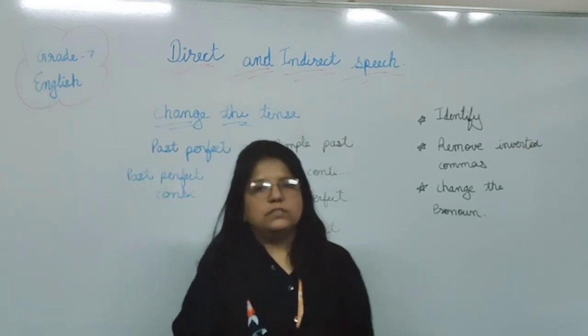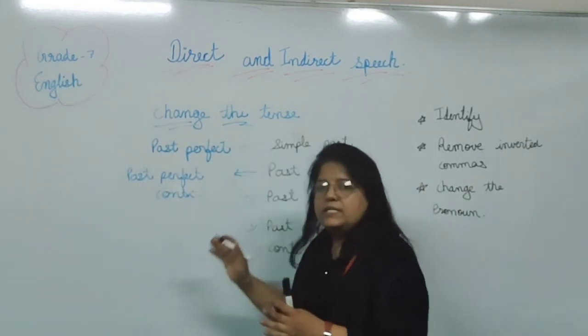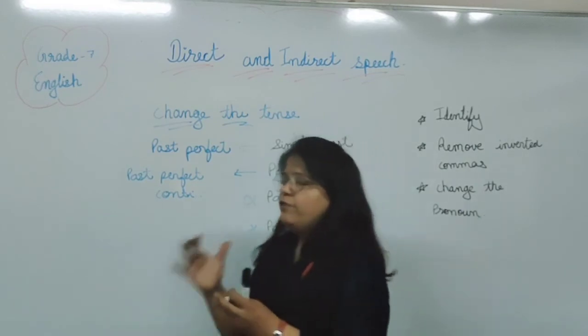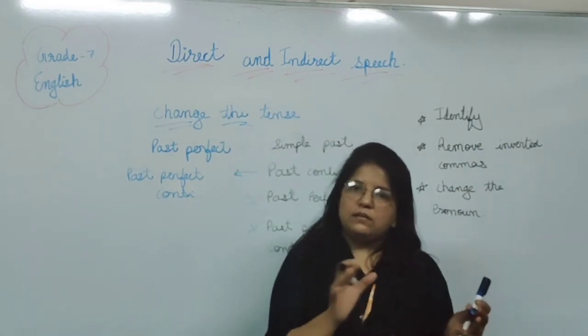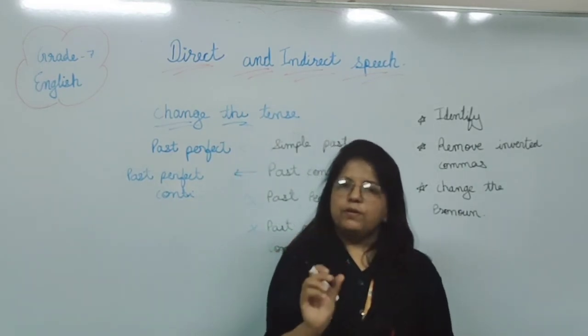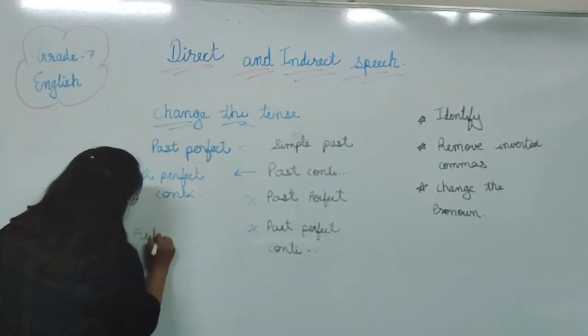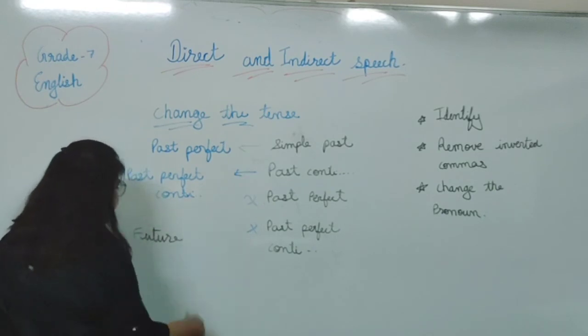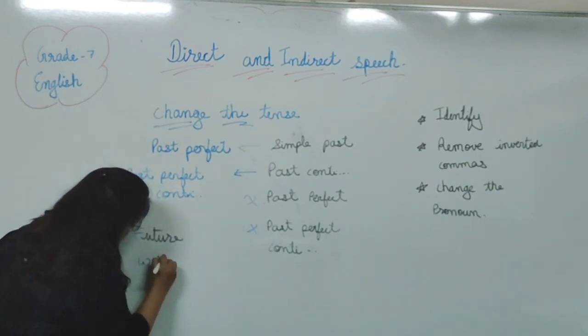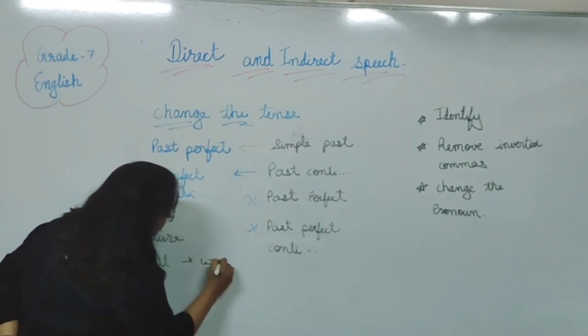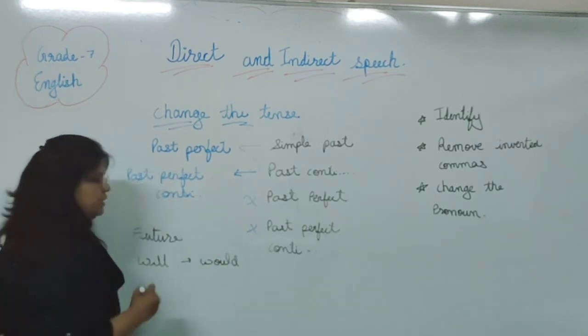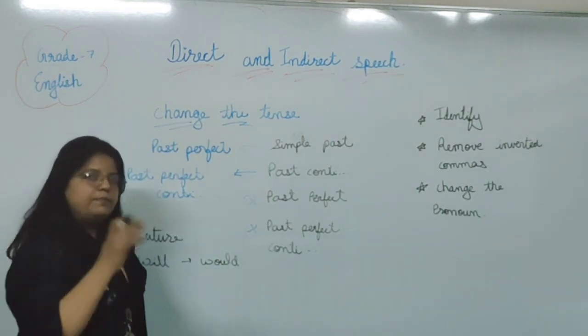Now I hope this thing is clear. Now future tense is remaining. So what we will do? Future tense, we don't change the tense totally. We will change the simple words, like if in future tense, if it is will, we will use would. Means we will convert the helping verb into modals.